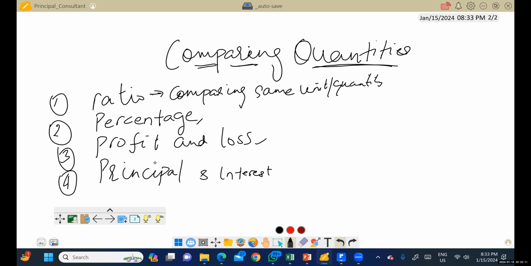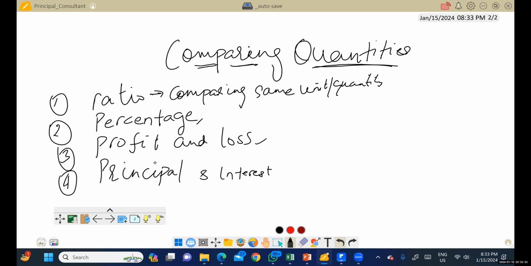Principal and interest. What else? Himangi, what else is there in comparing quantities?